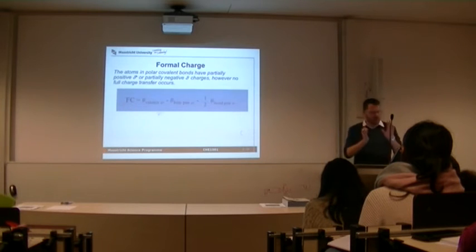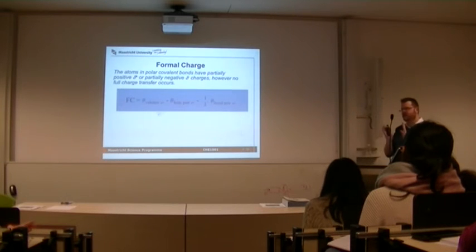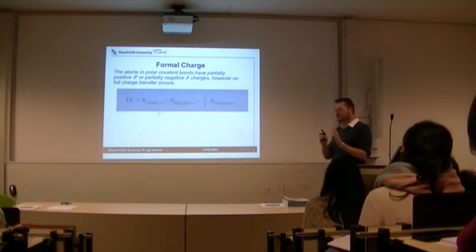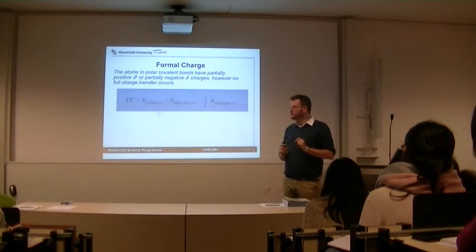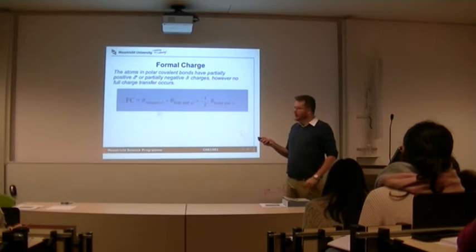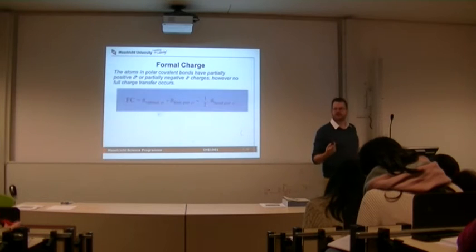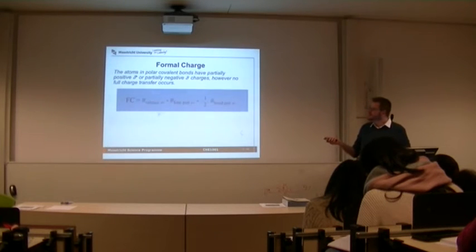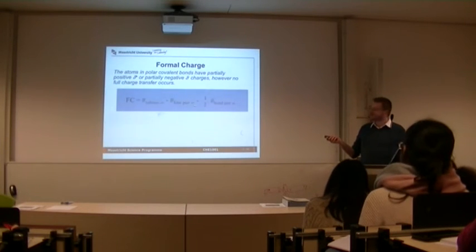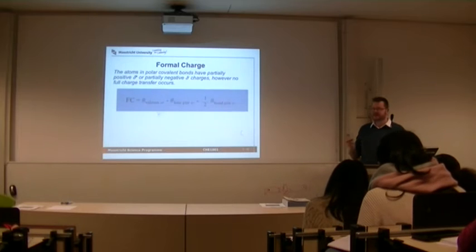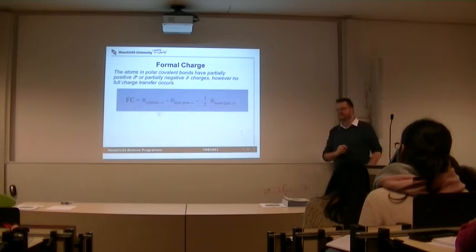Once you've drawn a Lewis structure, you can evaluate the formal charge of all the atoms very simply by considering each atom individually: look at the number of valence electrons, in other words which group the atom is in, subtract the number of lone pairs, minus half the number of bonding pairs, and that will give you the formal charge of that atom in the Lewis structure.